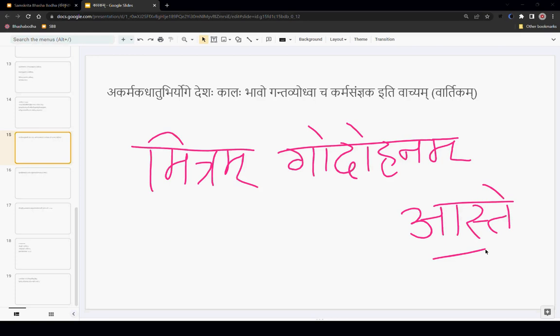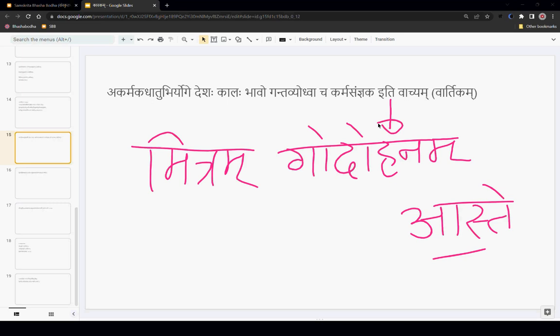Somebody has to sit in something or on something, kate upavishati or asane upavishati. But here, how long is he going to sit there? That we can bring with another noun in the Dvitiya Bhakti. Mitram godohanam aste, like this. It means that he is sitting for as long as you are milking the cow. Godohanam means milking the cow.